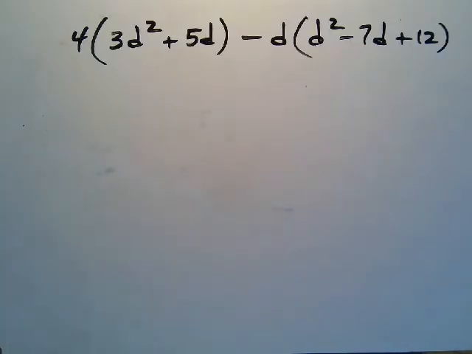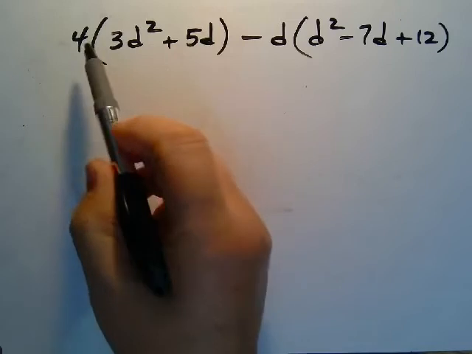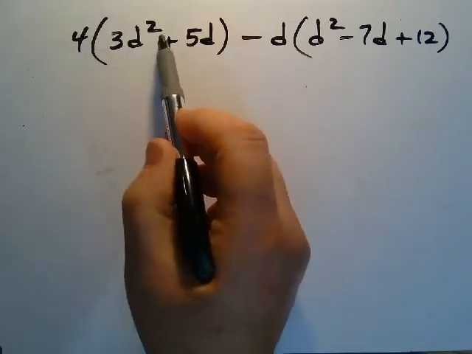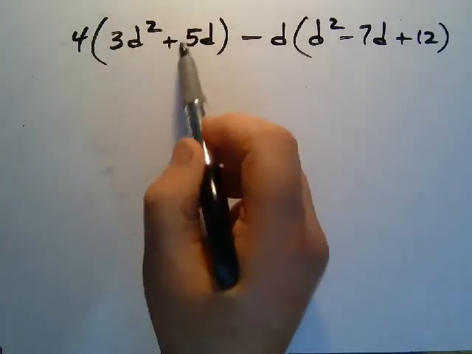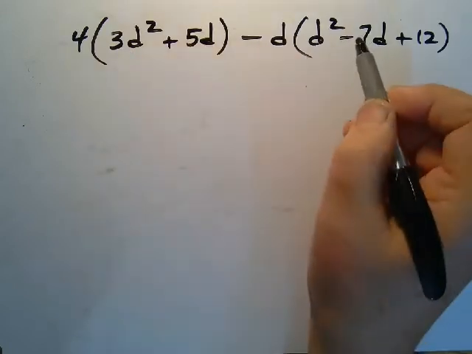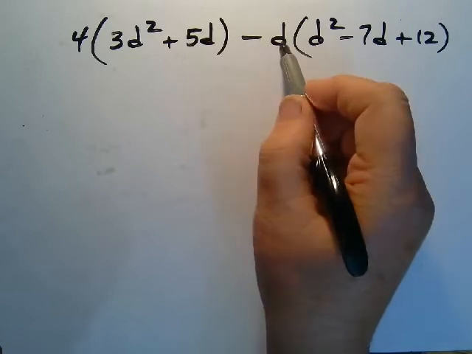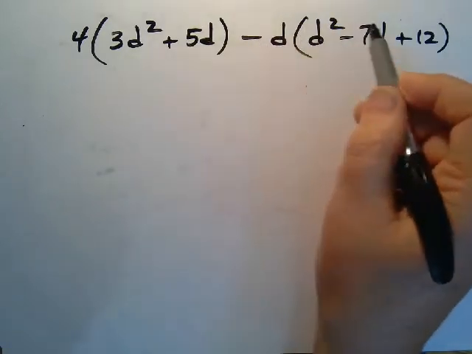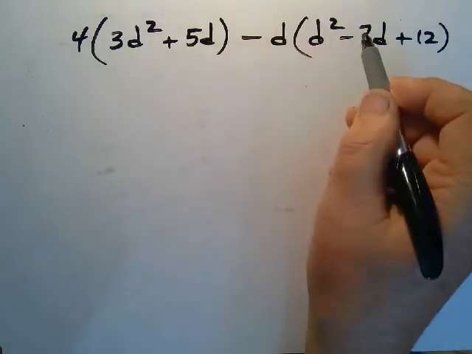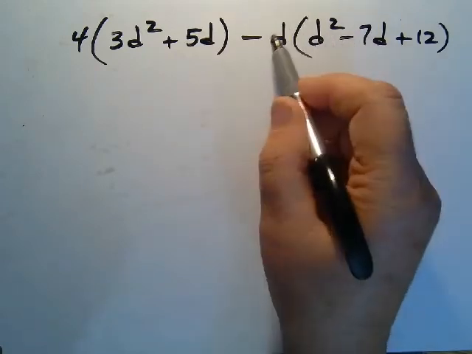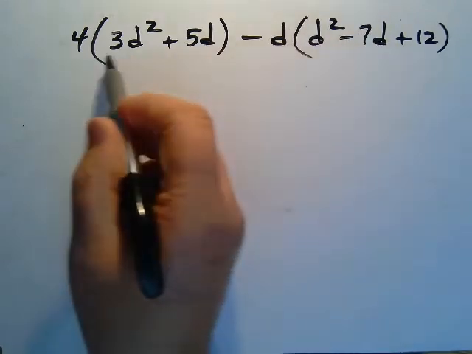All right, let's take a look at this one. You'll notice that we're going to have to distribute this 4 into this polynomial here. And here we're going to have to distribute the thing that's in front of it, which is negative d. So the negative has to get distributed in too. We did this in the last section as well. So let's start at the left and work our way to the right.